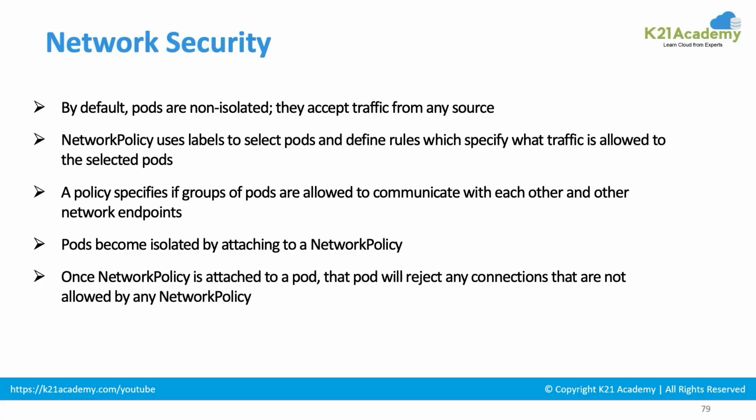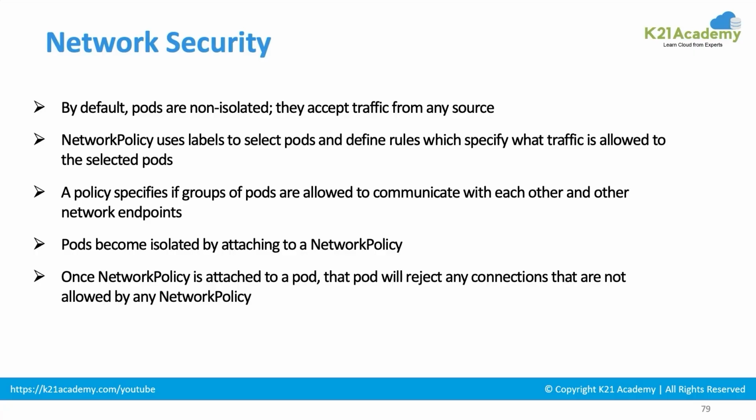When you create a policy, you can specify a group of pods or a single pod which can communicate with the other one. Or else, instead of using pod labels, we can even specify a range of IP addresses from which I can expect a packet to come.